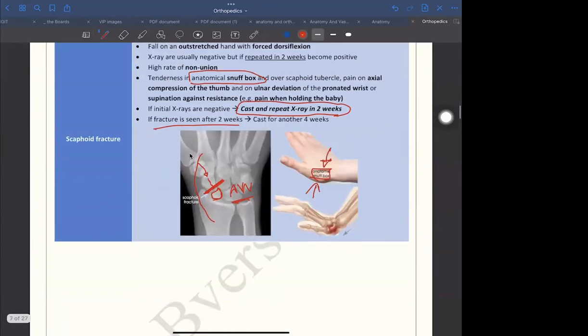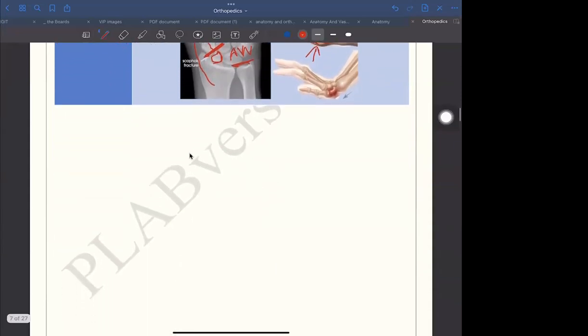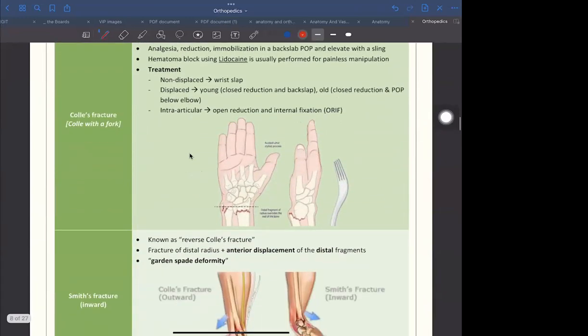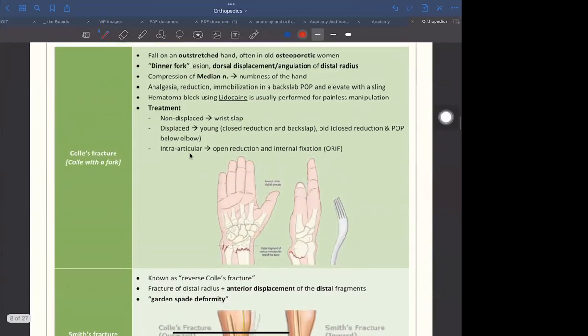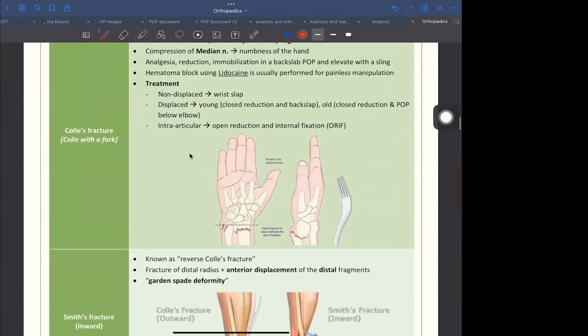Again, we mentioned scaphoid fracture. We know how the blood supply happens from distal to proximal, and it might lead to something called avascular necrosis. Forearm fracture, we have two fractures that are like brother and sister. That is called Colles' fracture and the Smith fracture.